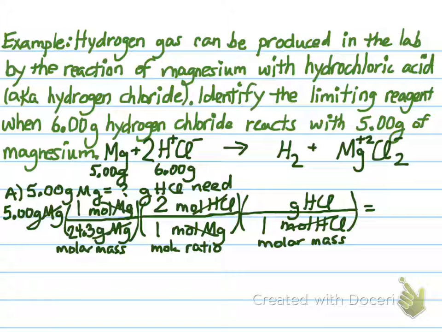Holy smokes. I want chlorine, right, because it's HCl. So chlorine is 35.453. I'm going to add to that hydrogen, which is 1.0079. And I get 36.4609. I want 3 sig figs, so I'm going to say it's 36.5.